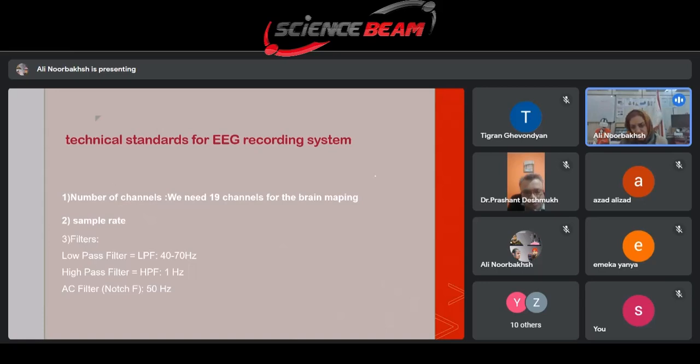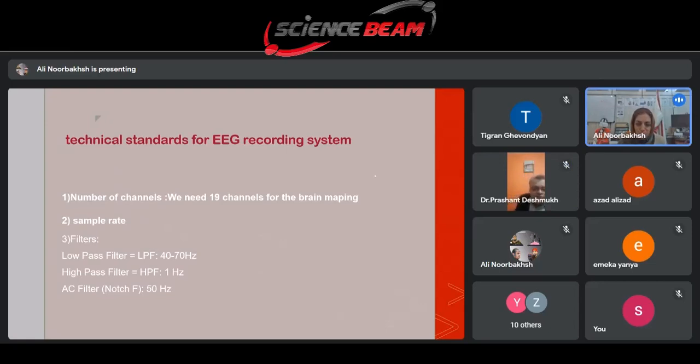For example, for EMG or electromyography, you need 1 Hz to 200 Hz. You can set it with software. With right click on the scope software, you can set it. Thank you.